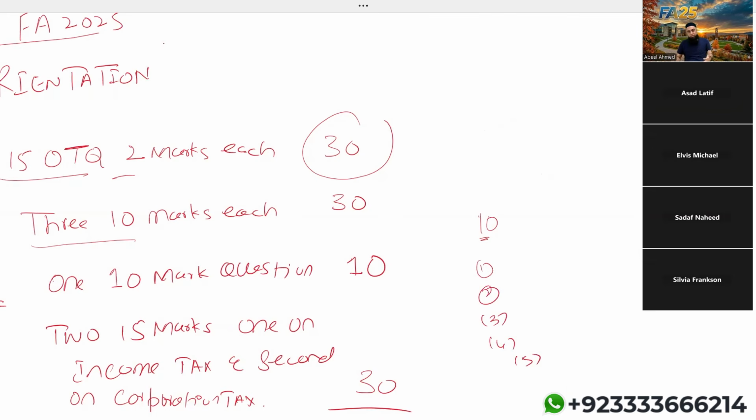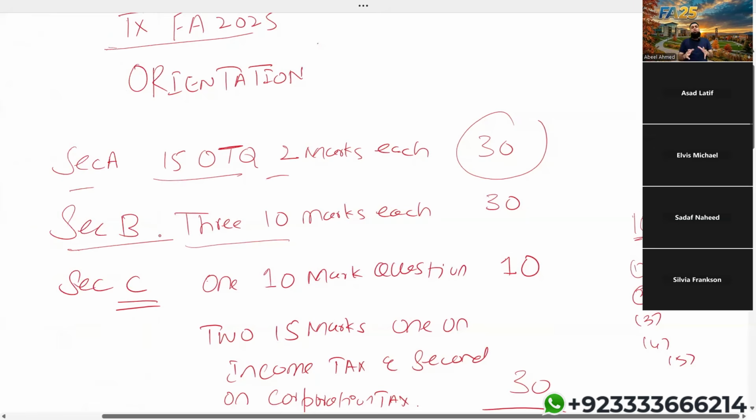So let me repeat, in each question, there will be a small scenario, not a big one. On that scenario, there will be 5 multiple choice questions. Again, in section B, a question could appear from any area of the syllabus. Any area means it could be any area.